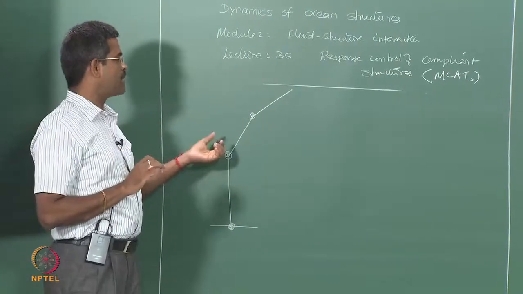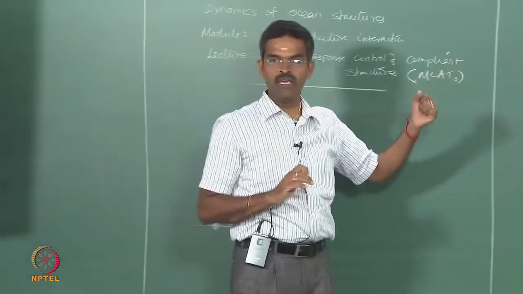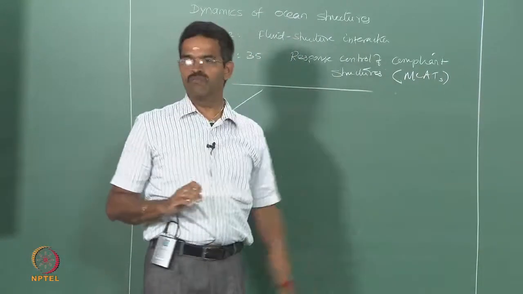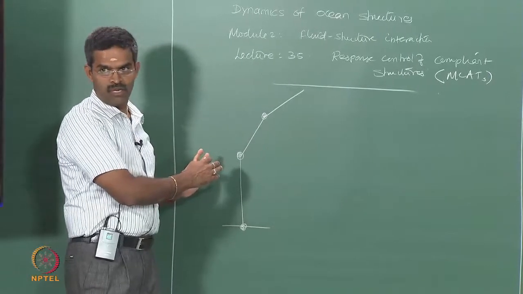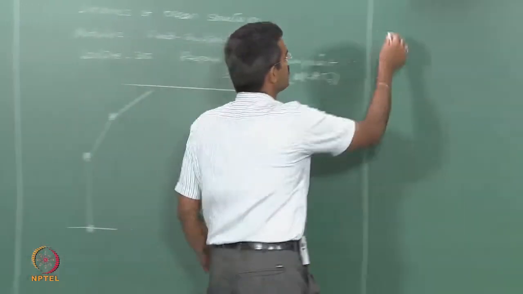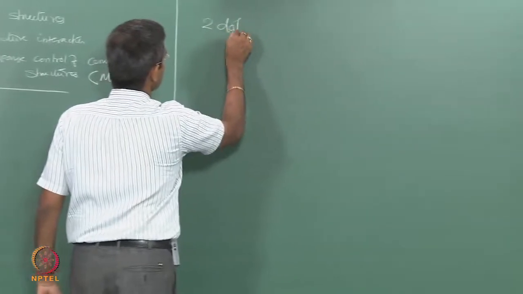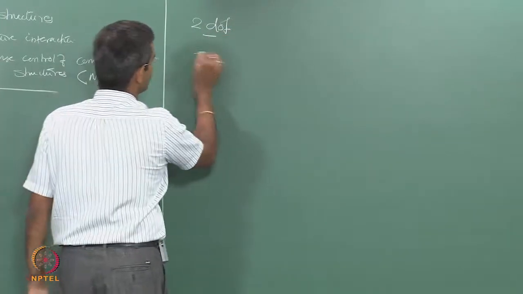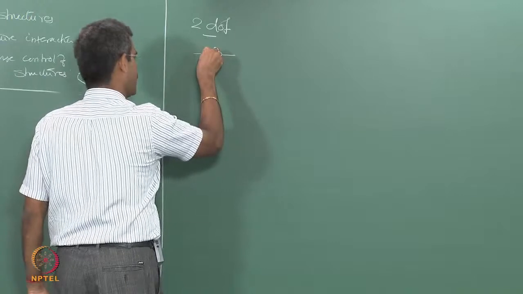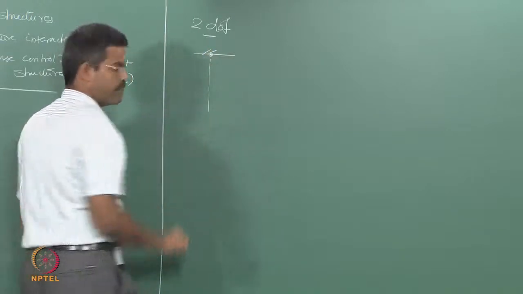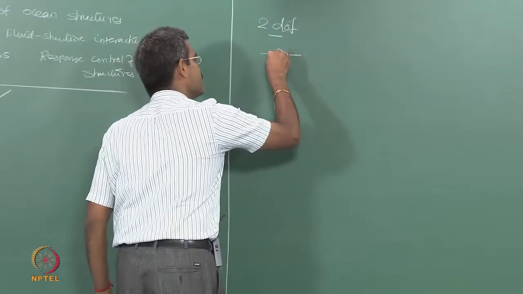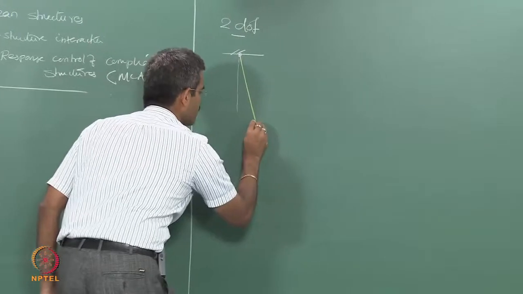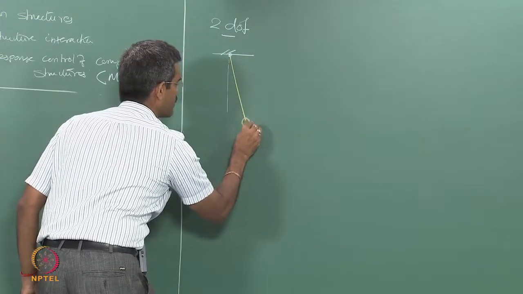So let us take up an example of a 2 degree of freedom inverted pendulum quickly, write the equation of motion for that and relate it to this easily. It is easy for us to do that. Okay. Let us take up a 2 degree of freedom system, a simple pendulum which is suspended like this. Let us say a hinge. Let us say the mass is lumped here.